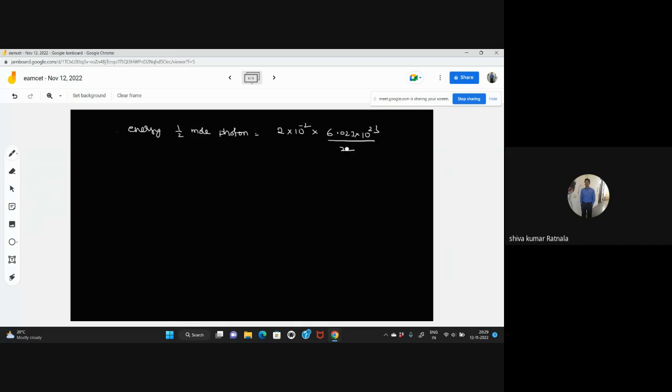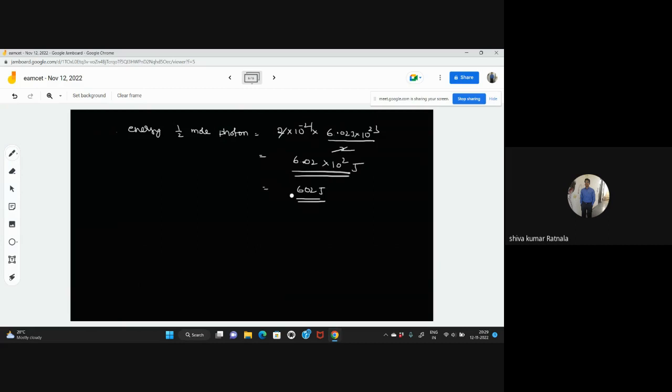This is only half mole, no? Yes or no? That means what we can say, 6.02 into 10 to the power of 2. This is energy in joules. Means 602 joules. Understood how I did?